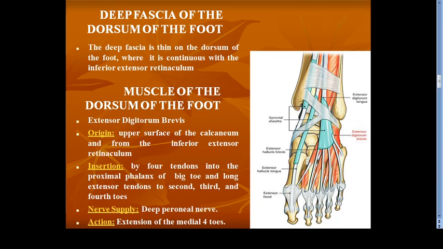The nerve supply of this muscle is the deep peroneal nerve, the nerve of the anterior compartment, and the action of this muscle is to extend these medial 4 toes, right?